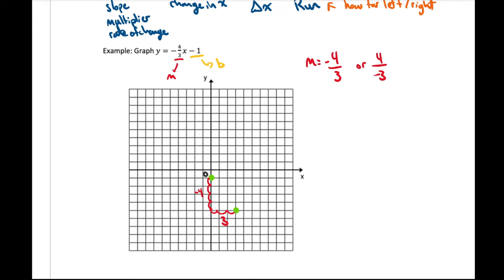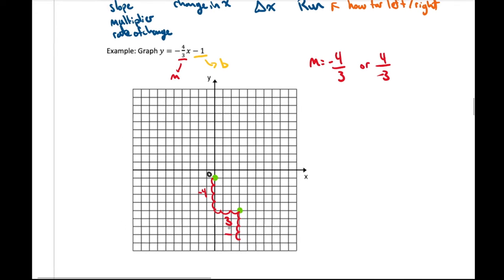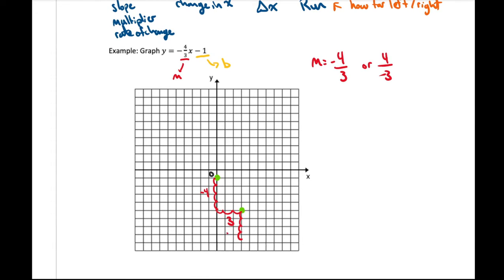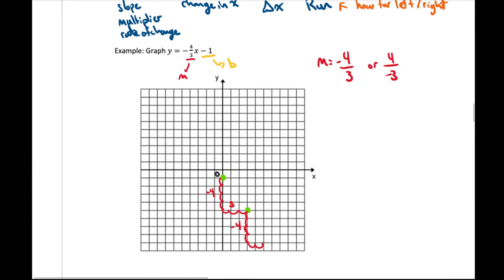I repeat that to get another point: down 4, 1, 2, 3, 4, and then to the right, in the positive direction, 1, 2, 3. And that's where my next point is going to be.